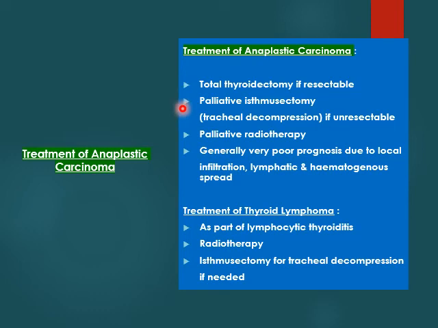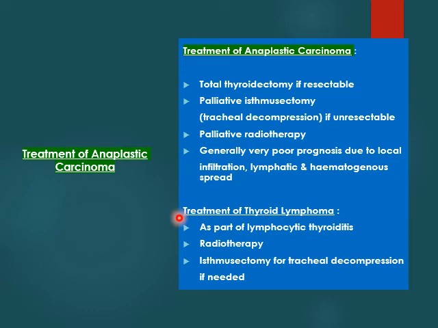Palliative isthmusectomy may be done in patients with tracheal obstruction to decompress the trachea. If not able to resect, then we may have to go for palliative radiotherapy. Generally, these tumors have a very poor prognosis due to local infiltration, lymphatic and hematogenous spread.